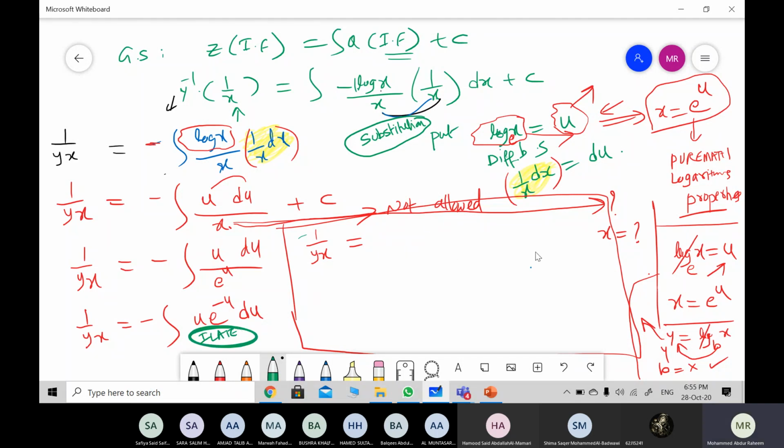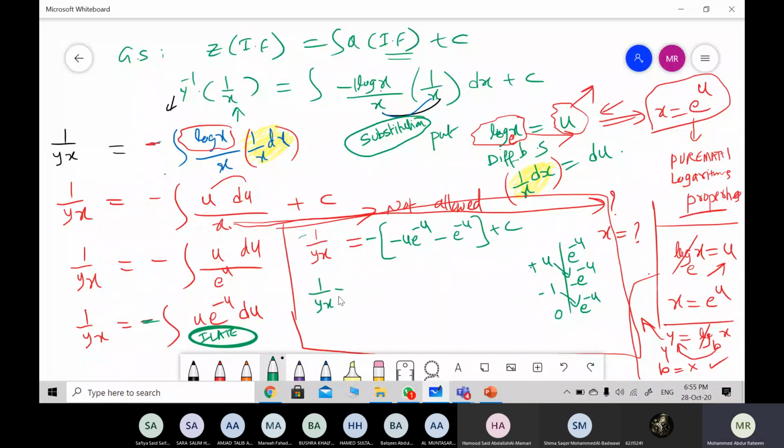Now what? You know, derivative: u, e power minus u. Differentiate 1, 0. Integrate again. Plus, minus, multiply like this, khalas. This minus, these two: minus u e power minus u, minus e power minus u.